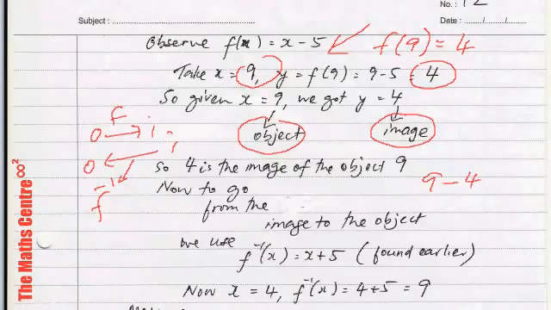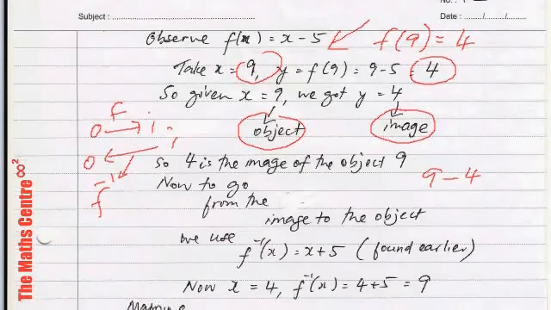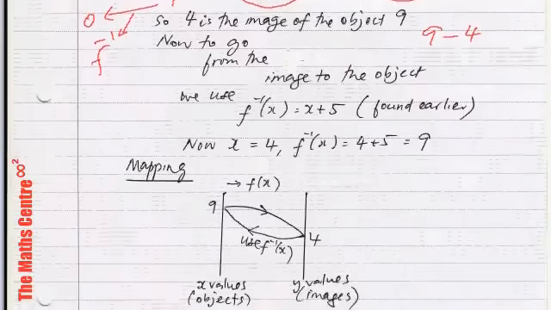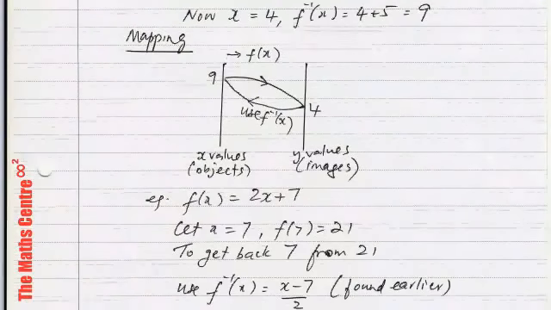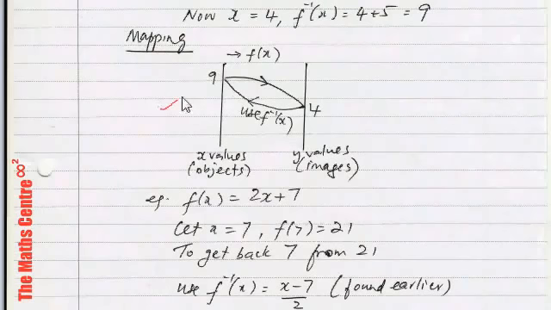I've shown you a simple mapping diagram in here, and let's look at it. We call it mapping. On the left hand side you will see the object 9, on the right hand side here you will see the image 4. So if you want to go from 9 to 4, I've shown you an arrow, you need to use f of x.